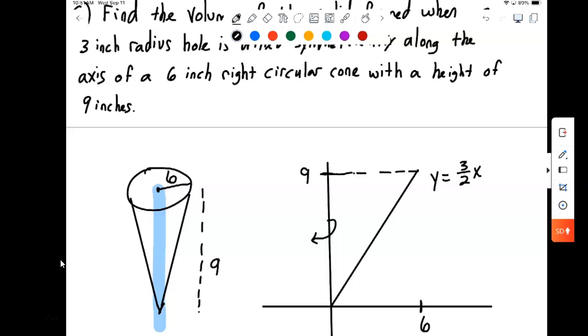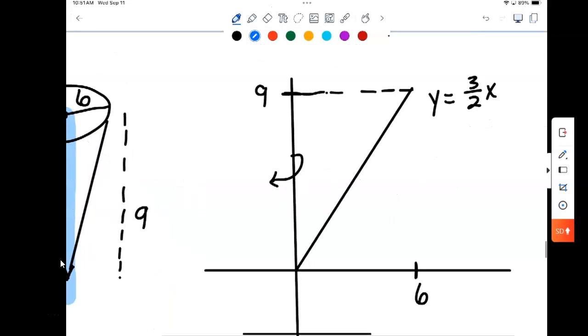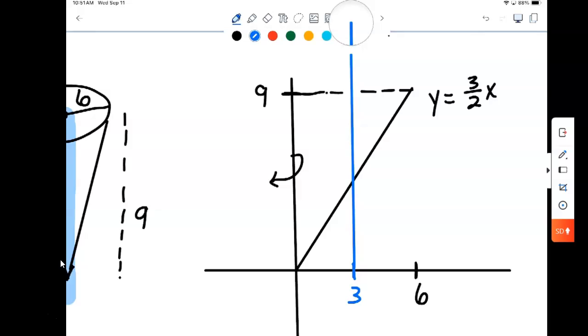The final thing we're doing is passing a 3-inch radius hole. If I mark on my axis here x equals 3, we're drilling a 3-inch radius hole through the cone. That hole is basically going to be a cylinder. So if you take this 3 and let it go straight up through, we would have this point, the 3 going up through.